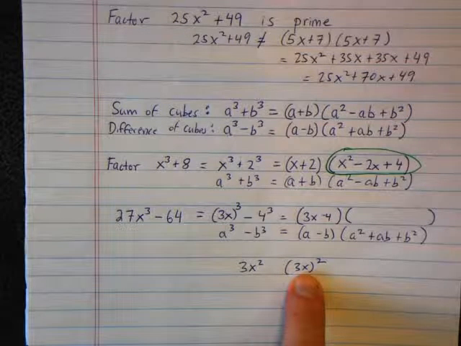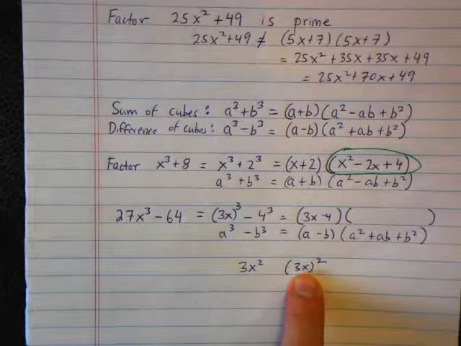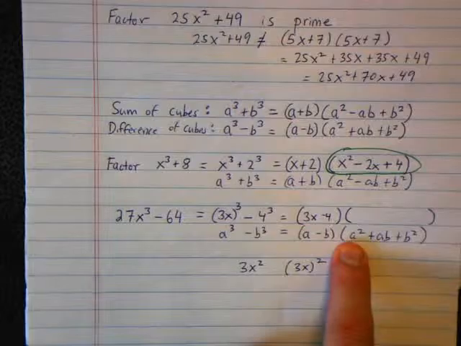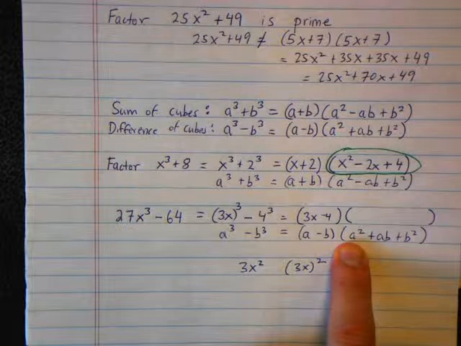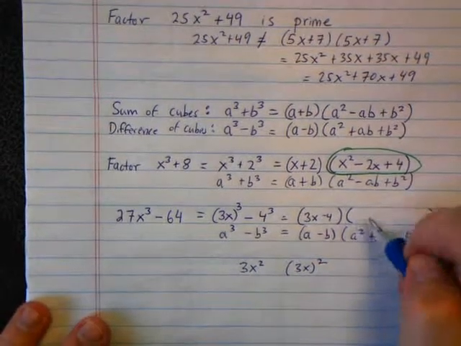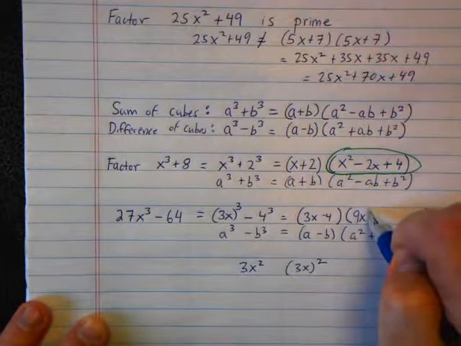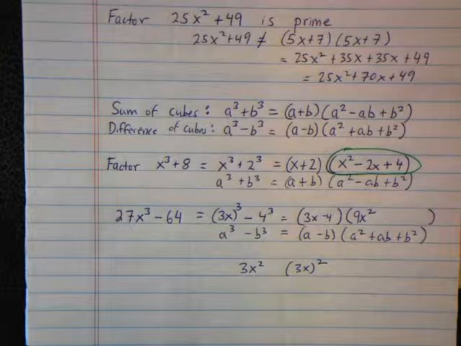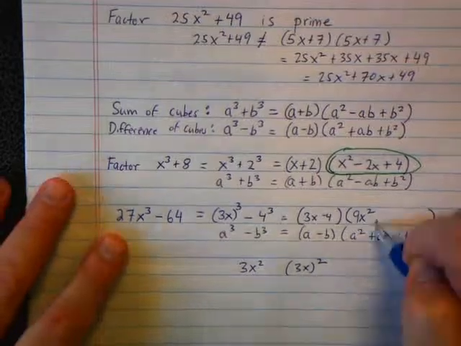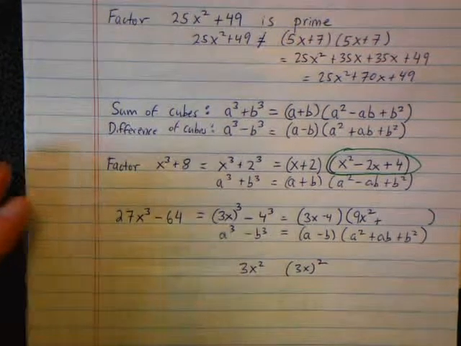The 9x squared, the one I'm pointing at, is the correct one. When you go to plug, A is 3x. So when you plug A in, you have to take 3x times 3x, which gives you 9x squared. And that's a very common mistake. People will write 3x squared there. It has to be 9x squared. You've got to square the number also. Very easy to miss that. Plus, what's AB?